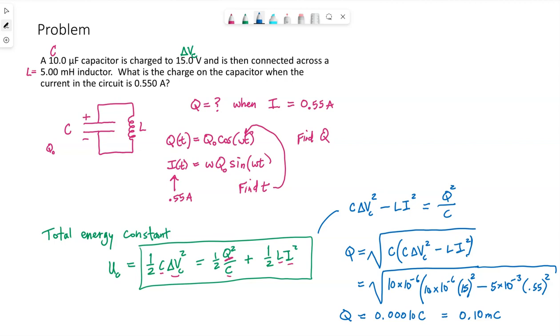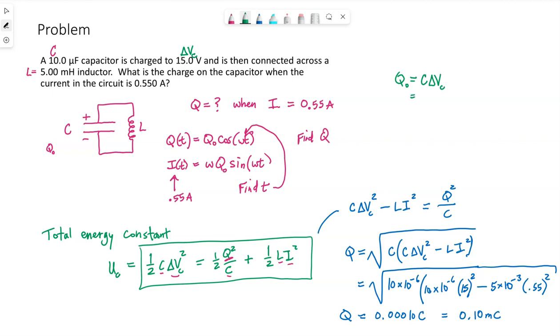Let's make sure this makes sense. Now, how much charge I don't really have a good concept on per se, but I can determine the initial charge the capacitor would have come in with and make sure my answer is not bigger than this maximum that came in with. So at least that can give me something to compare to. I know for a capacitor, the charge on the capacitor depends on the capacitance and the potential difference.